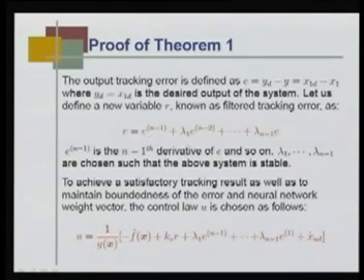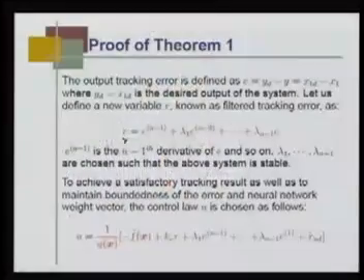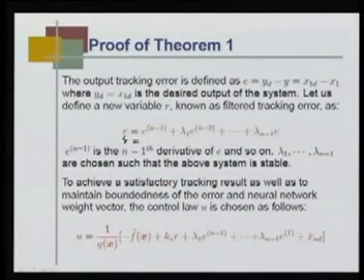So, these bracketed terms are the derivative terms. This is the n minus 1th derivative of error, n minus 2th derivative of error. So, you can easily see if I write r dot, then this will be e to the n plus lambda 1 n minus 1th derivative, and so on, lambda n minus 1 e first derivative.